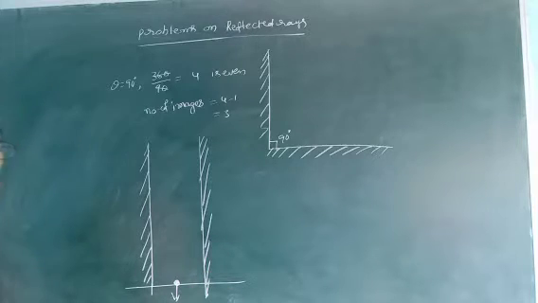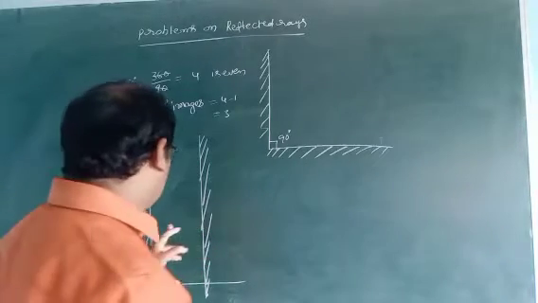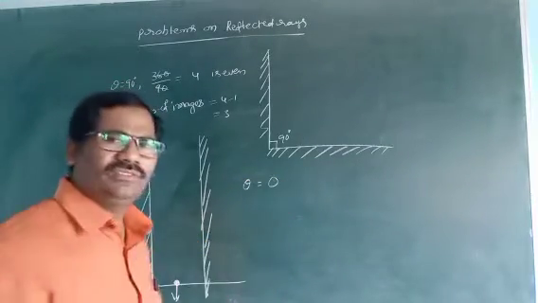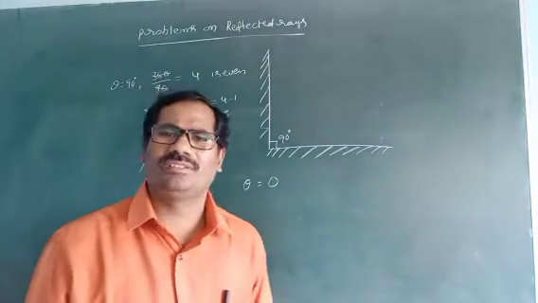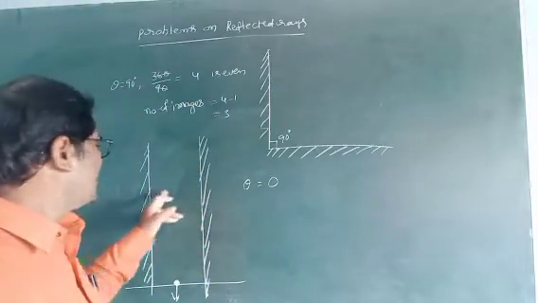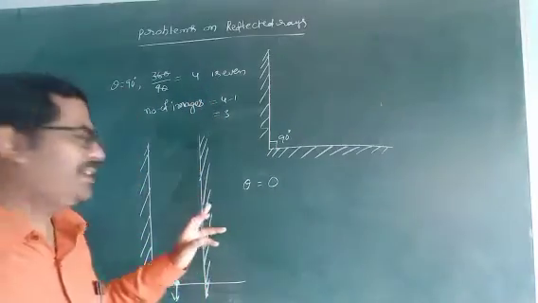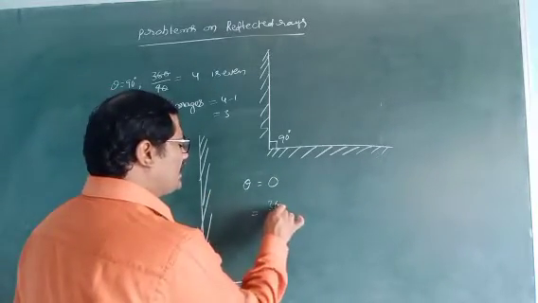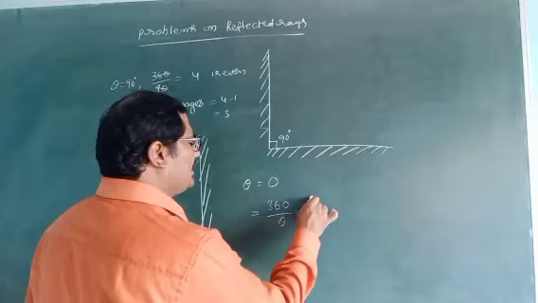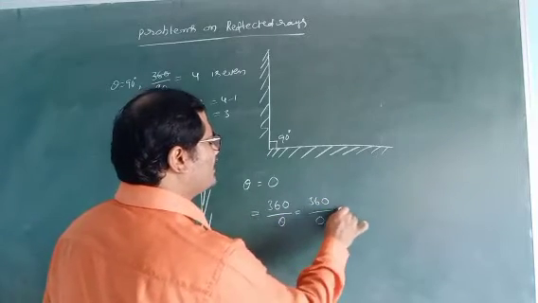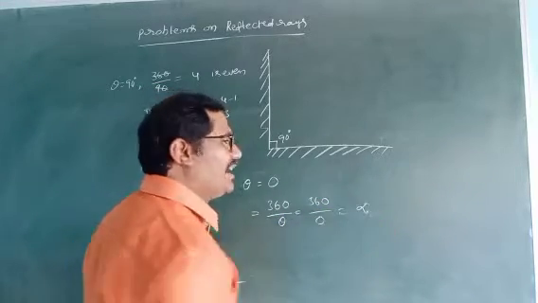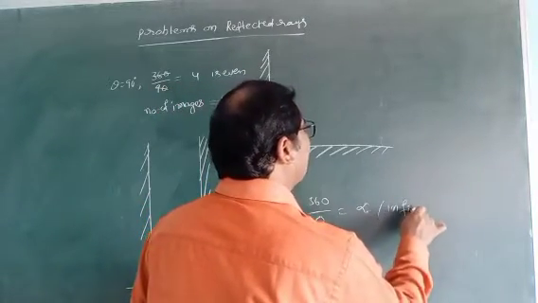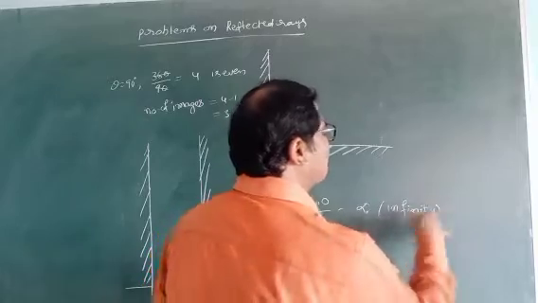How many images are formed? The mirrors are parallel, so theta equals 0. What is the formula for the number of images? 360 by theta, 360 by 0, and any number divided by 0 is undefined, that is infinity. So infinity images are formed.